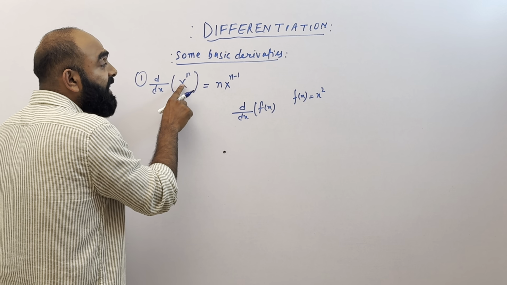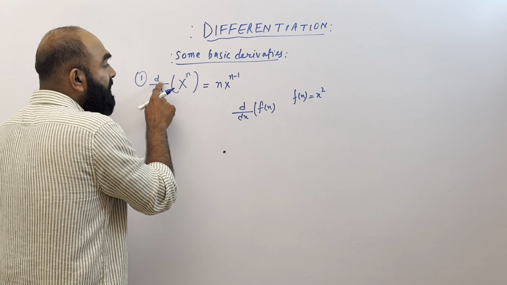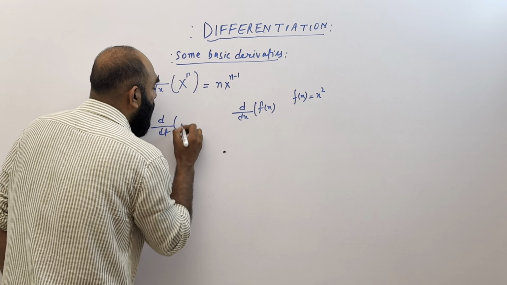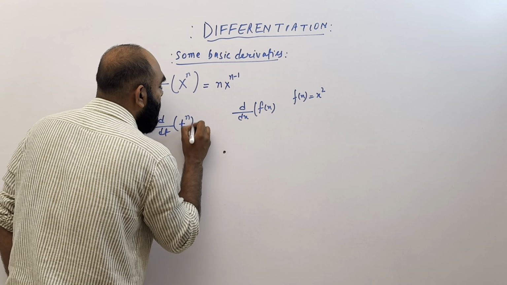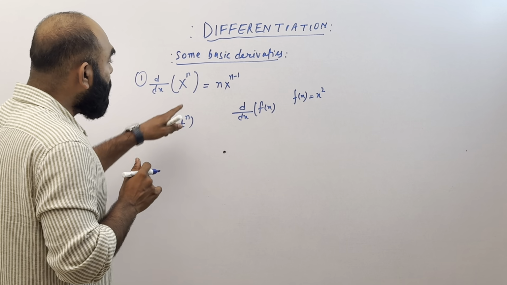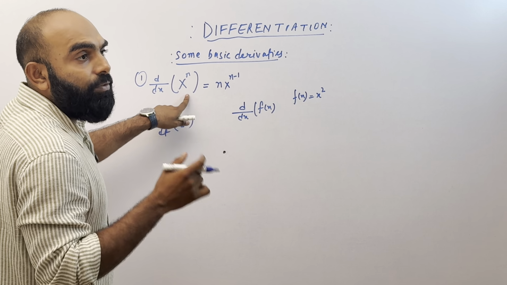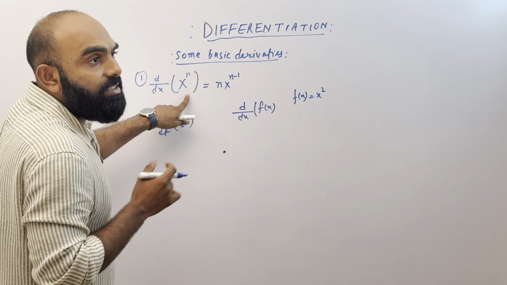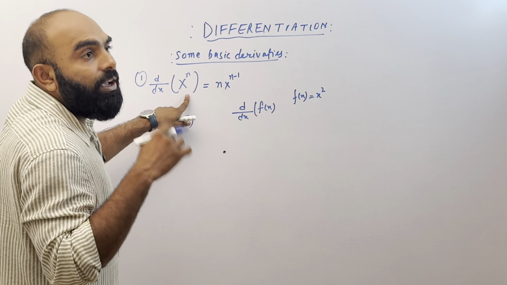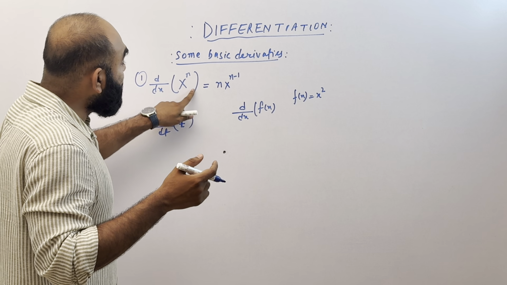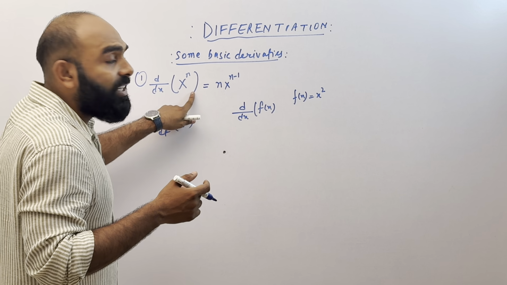If it is written t to the power n, differentiating t to the power n, I will write d by dt of t to the power n. So whatever the function is, like a function of x, f of x, or f of t, or f of z, I will differentiate with that only. If it is x, it will be dx. If it is t, it will be dt.